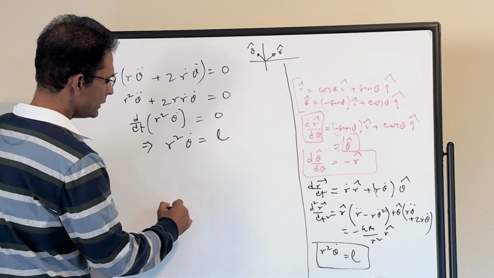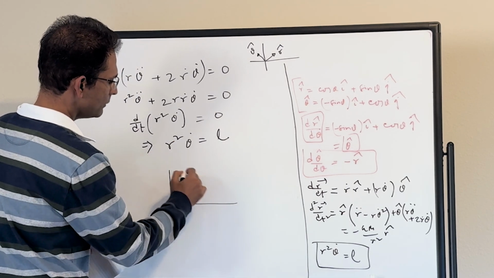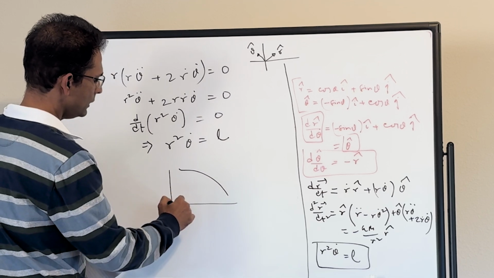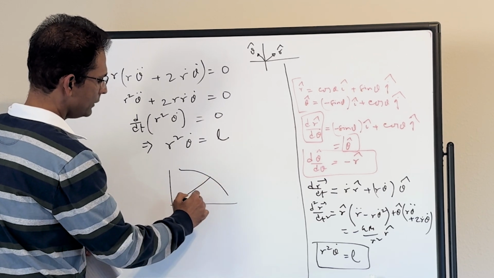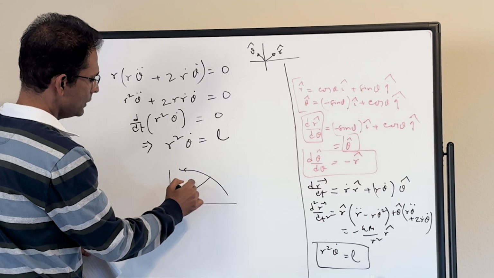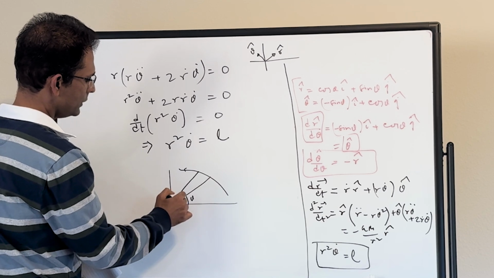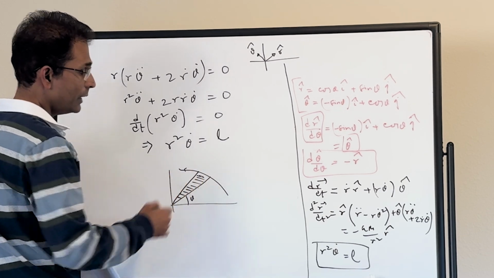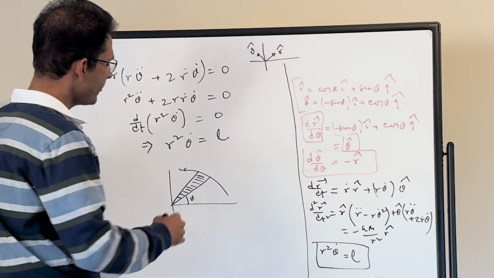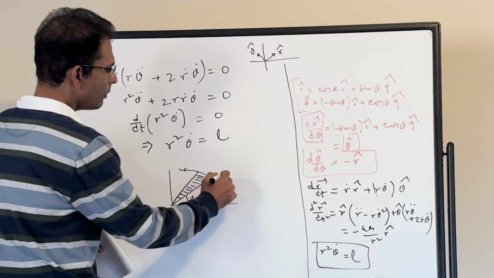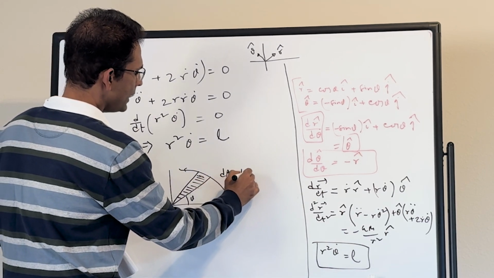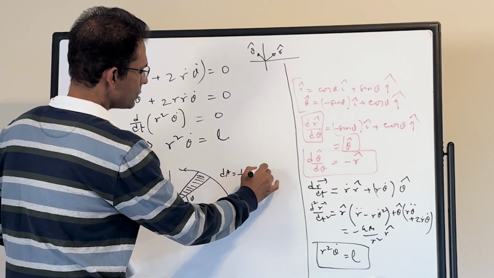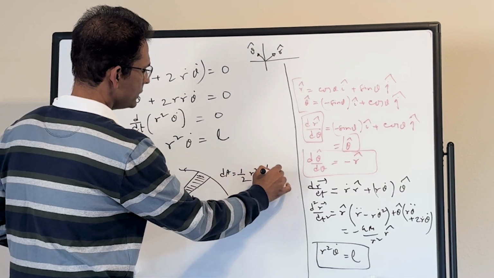Let's say that a planet moves like this in a trajectory, and this is theta. It's moving like this. Let's say this is the small area that it covers in a time dt. The area in polar coordinates, dA, is half times r squared times d theta.